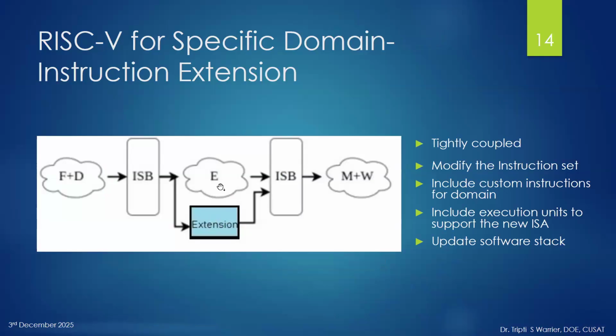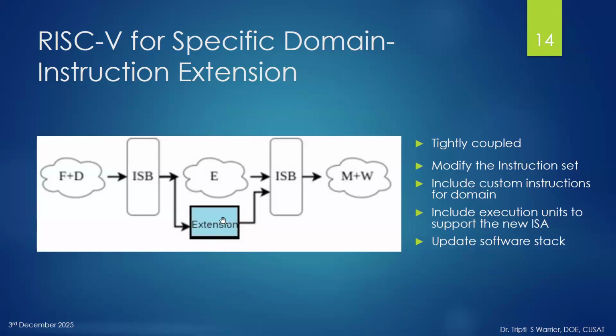So as I said, this is a representative of tightly coupled acceleration. And how do you do it with extensions? This is the extension that I talked about in the previous slide, maybe vector extension or bit manipulation extension. All of them are a set of instructions. So we have to come up with a unit which will implement those instructions and integrate it with my execution stage. So you have a modified instruction set from the original instruction set.